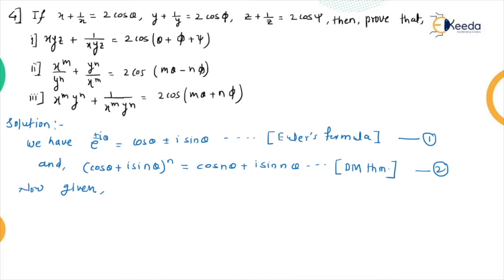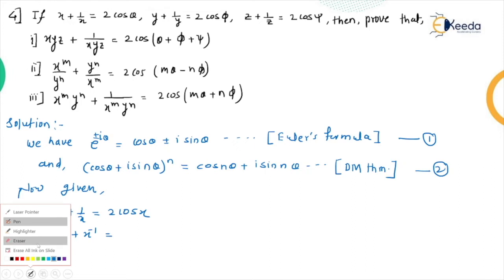What is given? x plus 1 by x is equal to 2 cos theta. Therefore, x plus 1 by x is equal to 2 cos theta. Can I write this as x plus x inverse, that is equal to 2 cos theta?